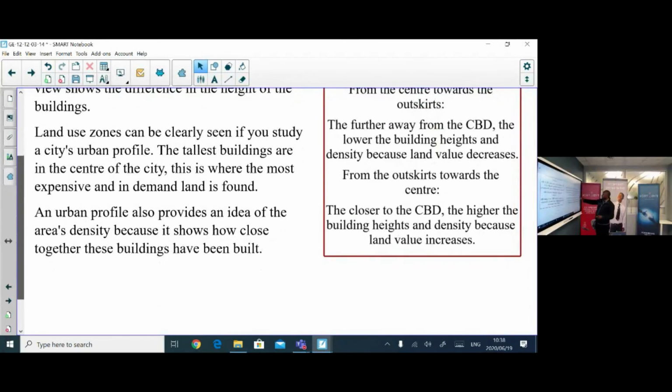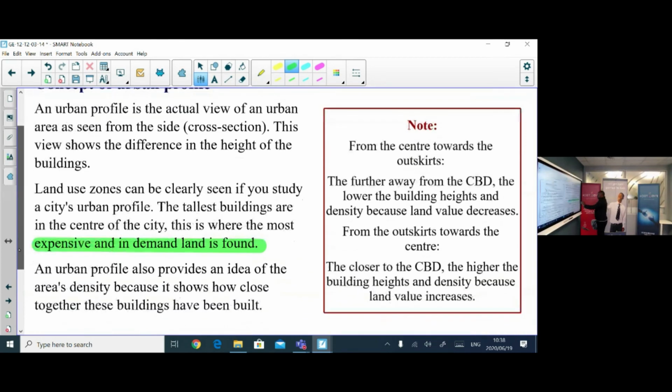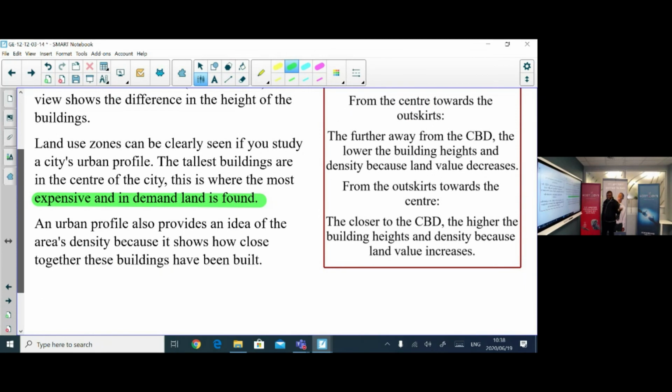So we said this is where the most expensive and in demand land is found. That's where you find the investments, the $1 million or the R1 million investments happening.